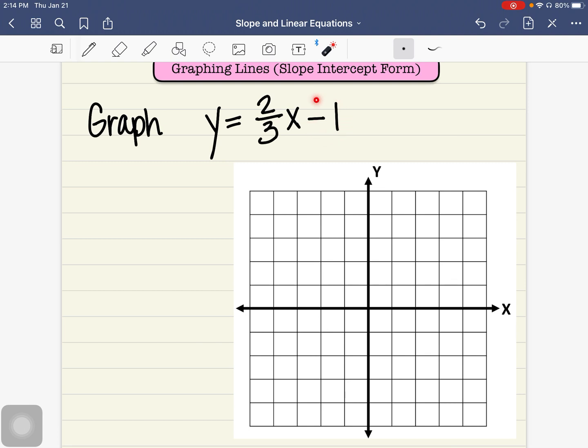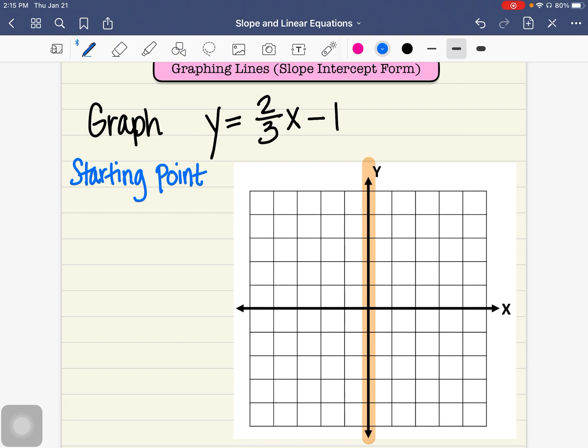And remember what the y-intercept is. The y-intercept is the point where a graph crosses the y-axis. It's a point, so that is actually our starting point. So our starting point is the y-intercept, and in this case, that is equal to -1.